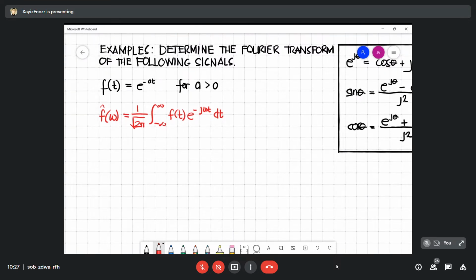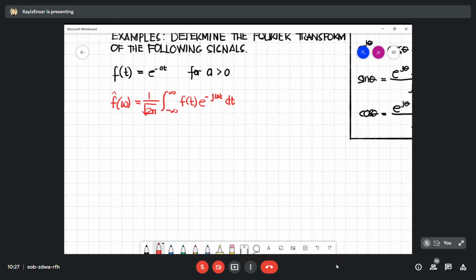Okay, so ano yung f of t? So substitute lang natin. So f of t is e raised to negative at multiplied by e raised to negative j omega t dt.